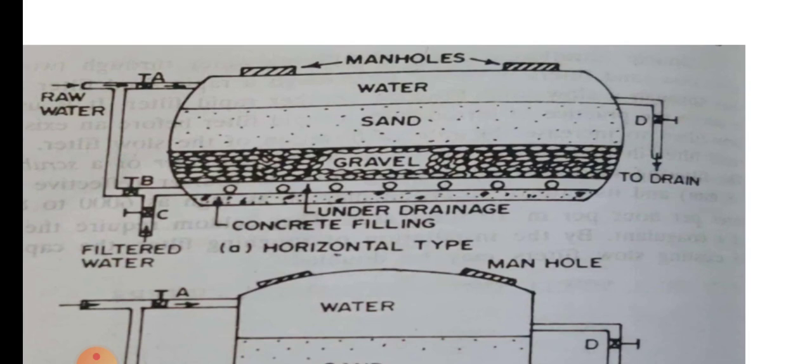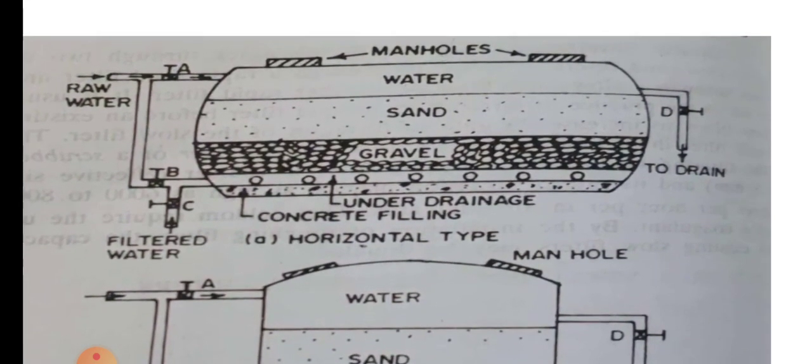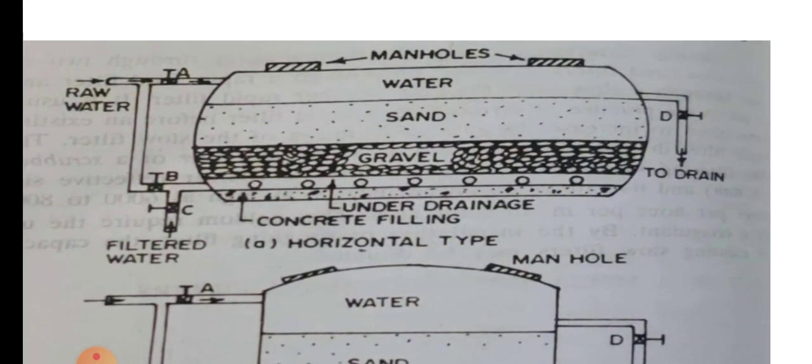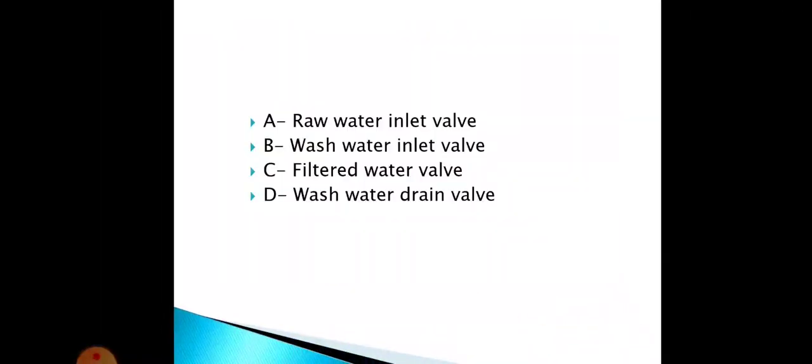To the right side you can see valve D and valve A at the left top, and then at the bottom you can see valve B and valve C. So these are the different valves: A is the raw water inlet valve, B the wash water inlet valve, C the filtered water valve, and D the wash water drain valve.